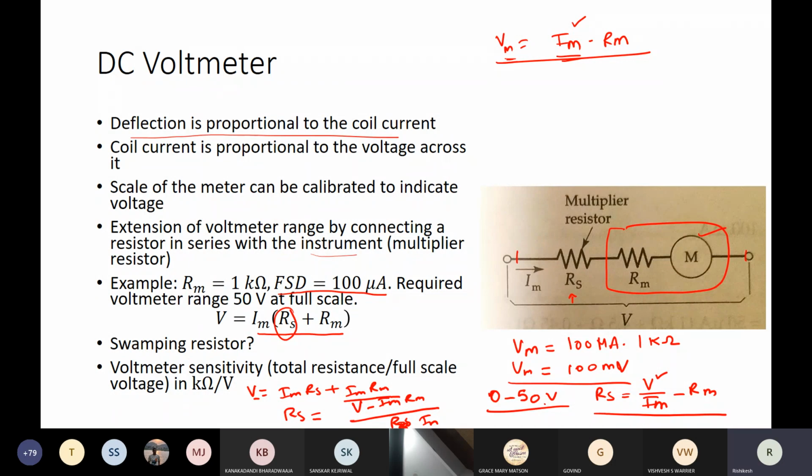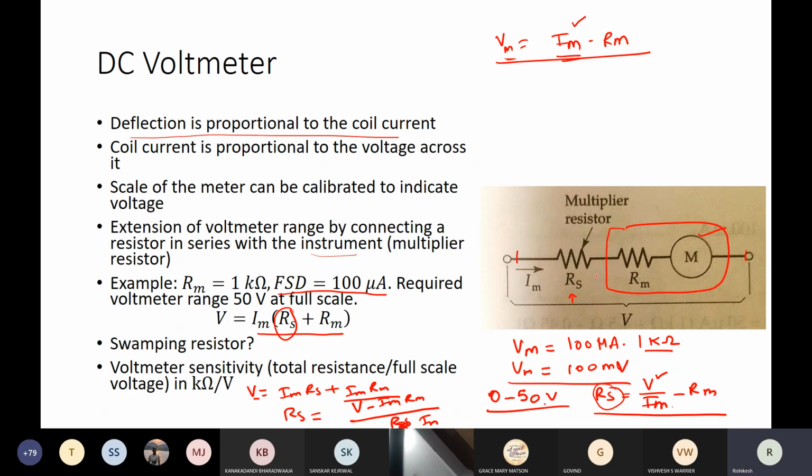So this is 50 volts in this particular example. Im is 100 microampere minus Rm. Rm is given as 1 kilo ohm, right? So you can easily calculate the value of series resistance that will be required to be kept in series with the meter.